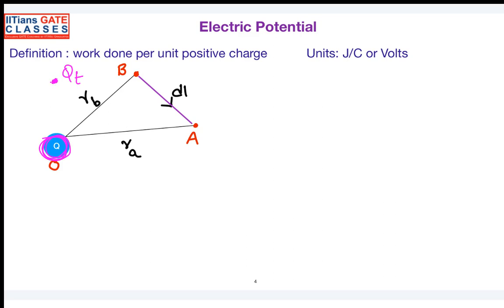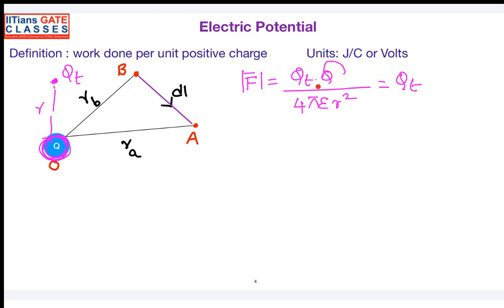Let us say it is at a distance of r. The force experienced by qt is qt into q divided by 4 pi epsilon r square. I can write this as qt into q by 4 pi epsilon r square, which is nothing but the electric field intensity at this point.